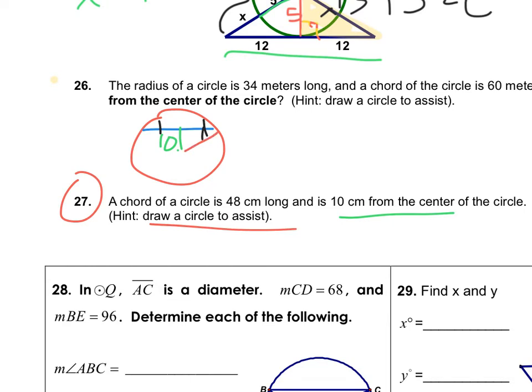I know that's not very accurate in my drawing, but in that right triangle, this leg is 10, and my other leg, because the whole chord was 48, would be 24. We are trying to find the radius, which is this piece here, which is also C.